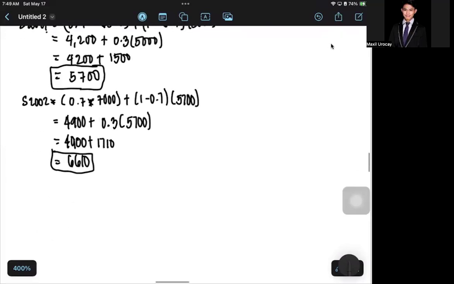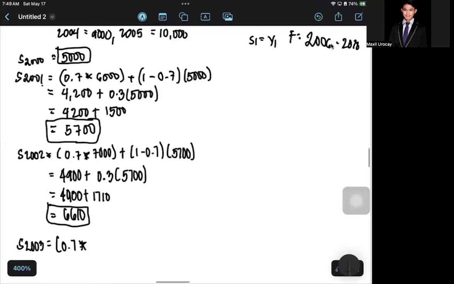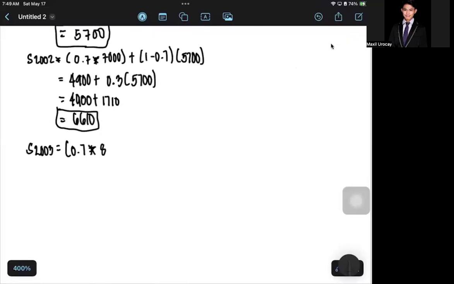Now let's proceed to 2003. For S2003, it is still 0.7 times the data set of 8,000 for 2003, plus 1 minus 0.7, times your previous S_(t-1), which is 6,610. So it becomes 0.7 times 8,000.